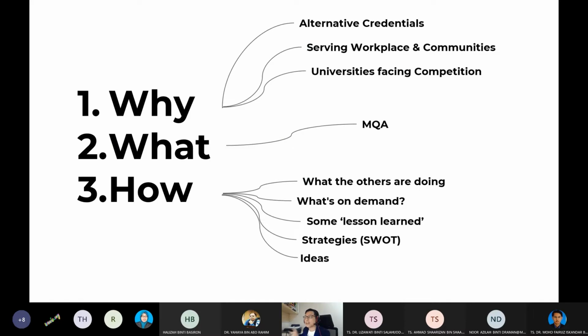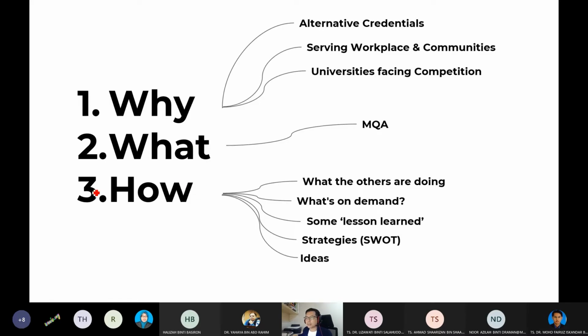This is how I'm going to arrange my session today. I will start with why, because once we understand why, I think the others will follow easily. Why micro-credentials? Why are we doing that? Why is it hyped right now? Then we'll move on to some technical details on what micro-credentials actually are as seen by MQA.